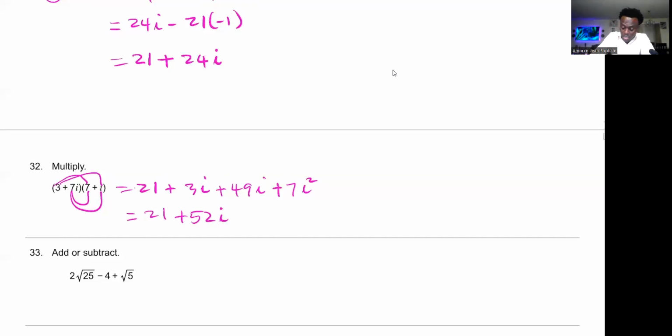And then it's negative, because negative 7i squared is negative 7 times negative 1, and you have to remember that. Combine these two: 21 minus 7 is 18.